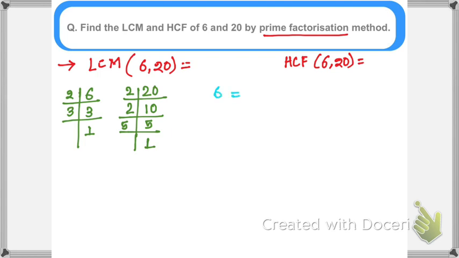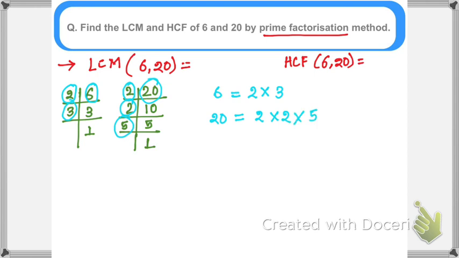Okay, so you can write it here as 6 is equal to 2 into 3 into 1, and this 20 is equal to 2 into 2 into 5 into 1, right?